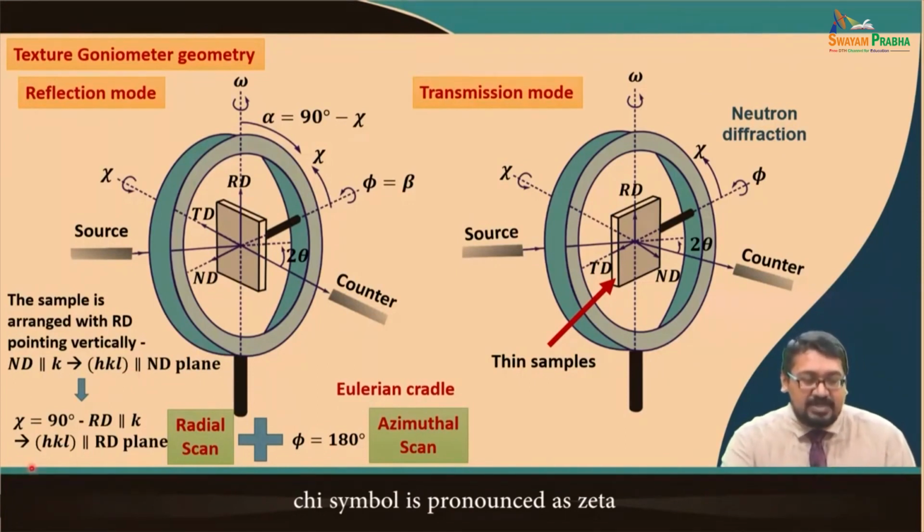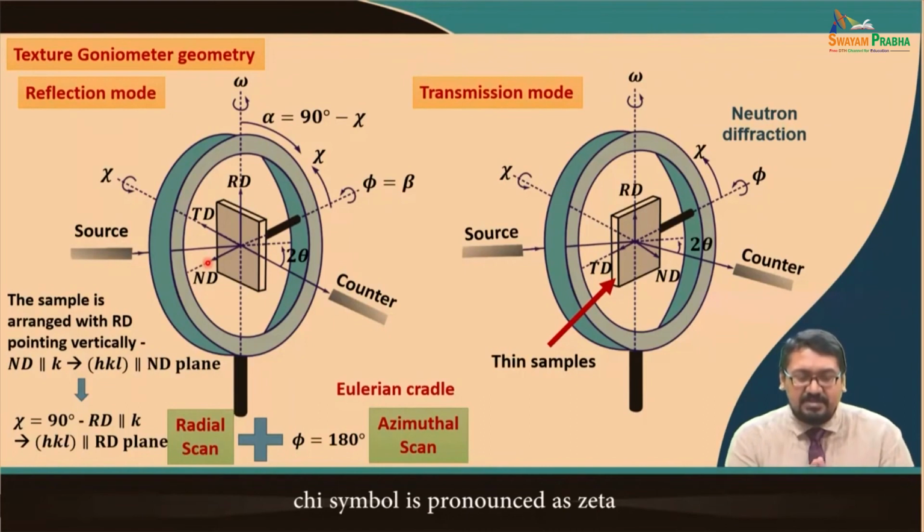Now, there is a zeta rotation. So, this is basically summarizing where the zeta can rotate from 0 to 90 degree, and at 90 degree the RD becomes parallel to K. If you rotate zeta, the RD will become parallel to K when zeta is equal to 90 degree, and basically at 90 degree we are measuring the HKL planes which are parallel to RD, and this is known as the radial scan, as I said earlier.